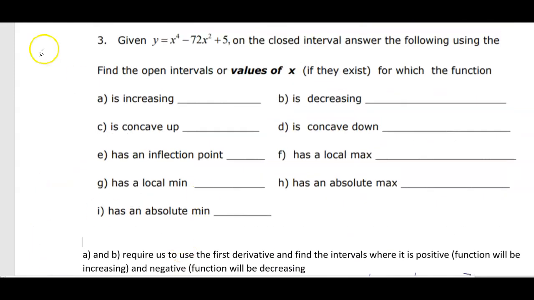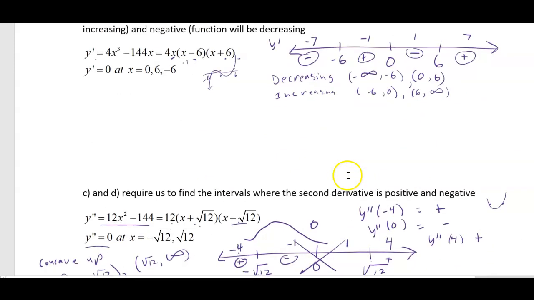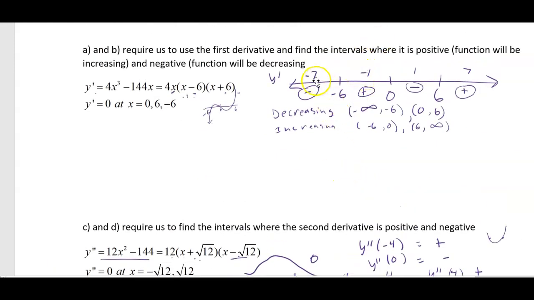So we've answered concave up, concave down. Has an inflection point. A local max. Well, a local max, if you have the sign chart for the first derivative, a local max looks like this. And over here, y prime is positive. Over here, y prime is negative. Now, the other thing you do is plug critical values into your second derivative, but we already have the sign chart.